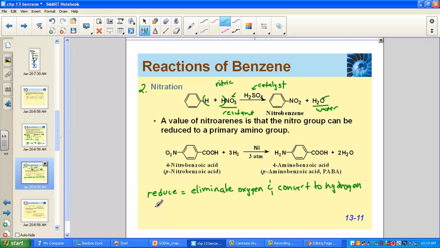The opposite of reduction is oxidation. Just to review that redox term, oxidation is the exact opposite process. Converting hydrogen into oxygen, adding on oxygen, is a process called oxidation.